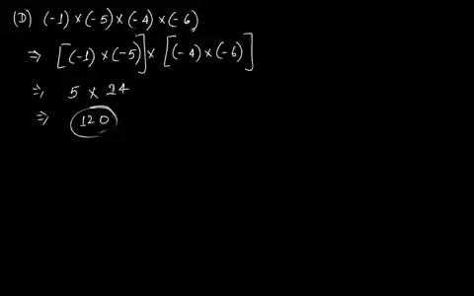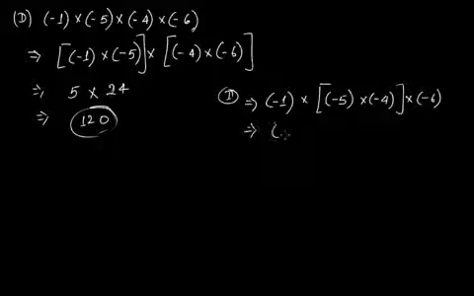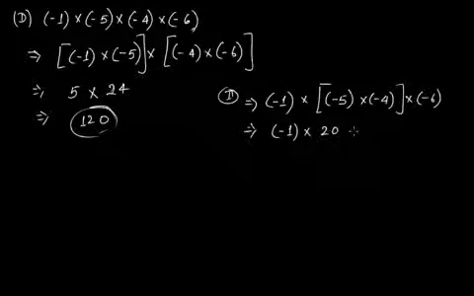And you can do it this way also. This is the second method. So minus 1 times, group together minus 5 and minus 4, and then you have minus 6, and this will give you minus 1 times 20 times minus 6.